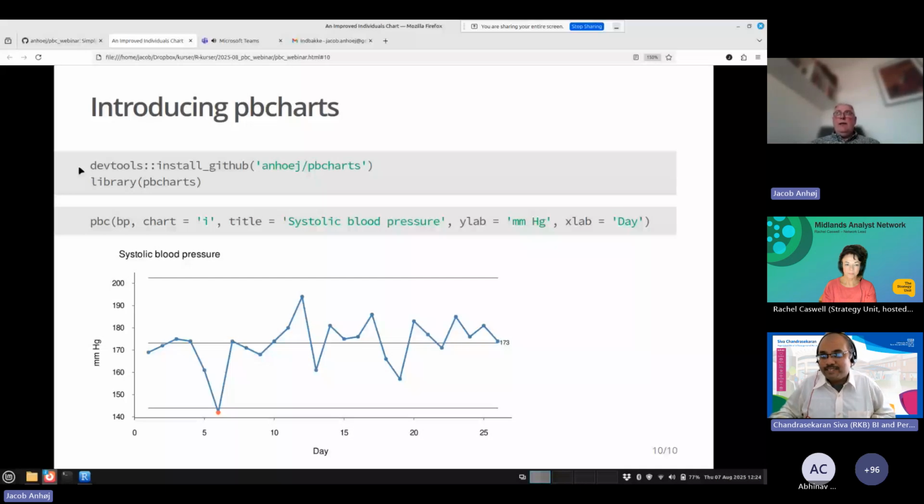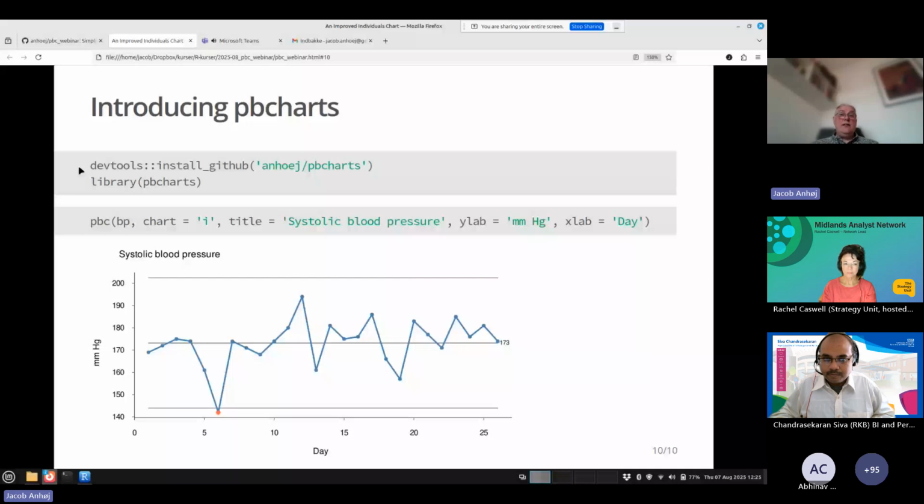Yes. A bit. The promise is that I prime charts will be able to be a substitute for the usual charts like P charts, C charts, U charts, X bar charts, and I charts. I think it's too early to say that is true, but it may very well be the case in the future that we will simply use the I prime chart for everything.